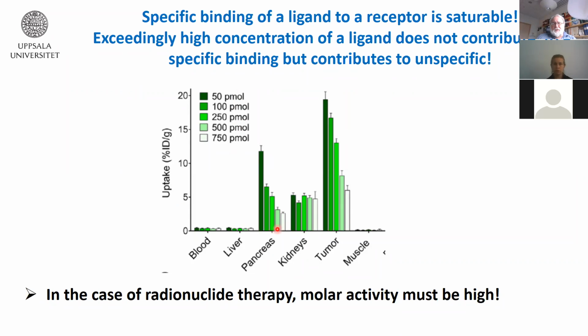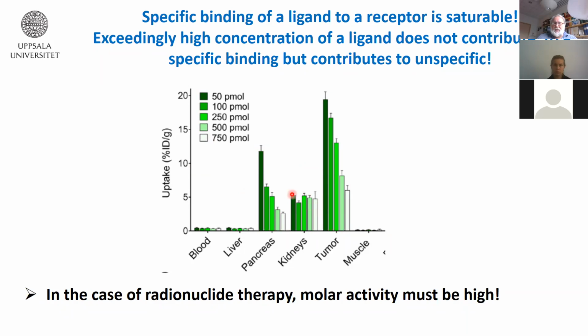The same happened with activity in the pancreas, and this was also through receptor-mediated binding, because the pancreas expresses gastrin-releasing peptide receptor, which is a target for bombesin. So specific binding decreased with increasing amount of injected peptide.